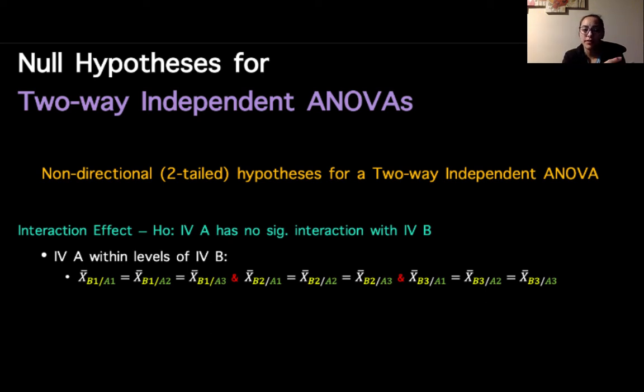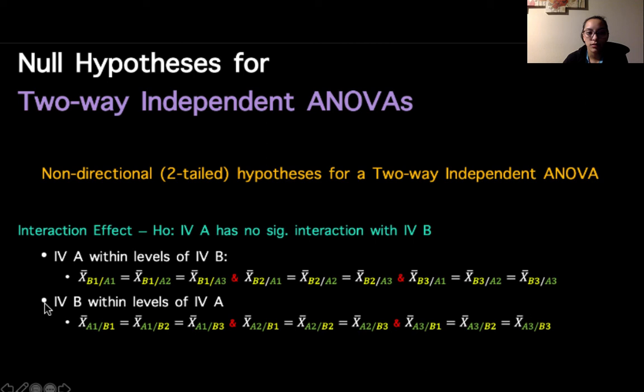The null hypothesis argues there's no significant interaction, right? And then we do all of the syntax adjustments, and we can compare each independent variable within levels of the other independent variable, going two different ways.